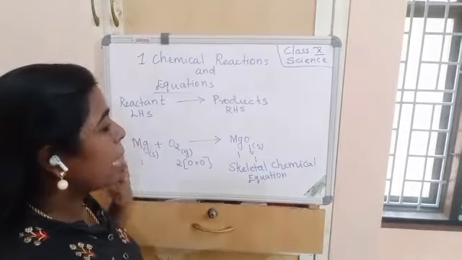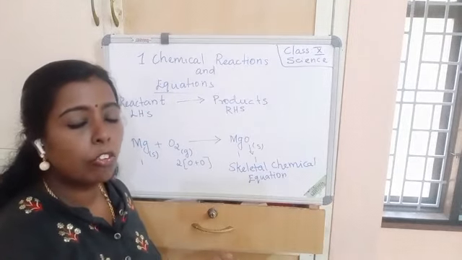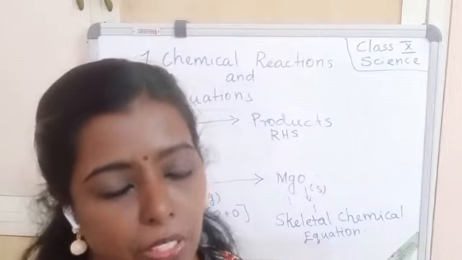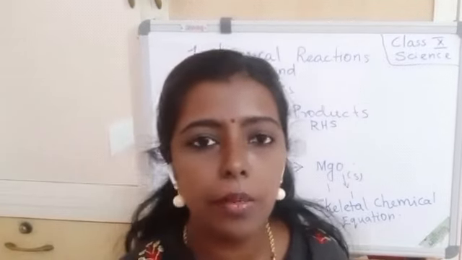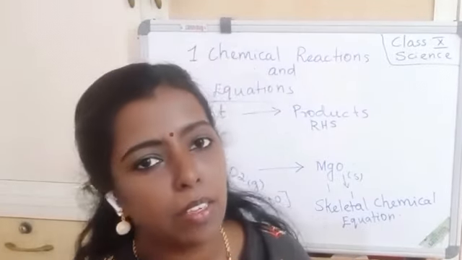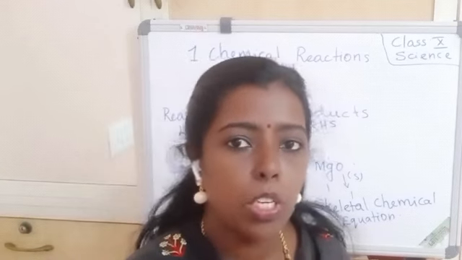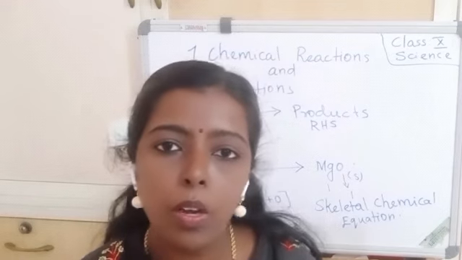So we should balance our chemical equation. This balancing is based on the law of conservation of mass. What is the law of conservation of mass? Mass can be neither created nor destroyed, so the total mass of the reactants is equal to the total mass of the products.